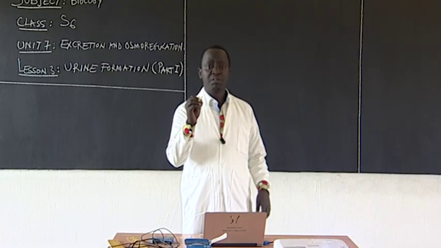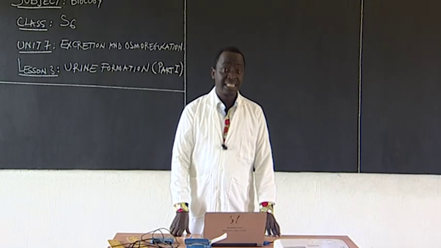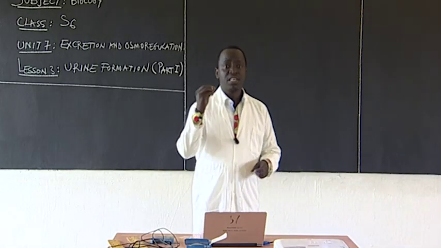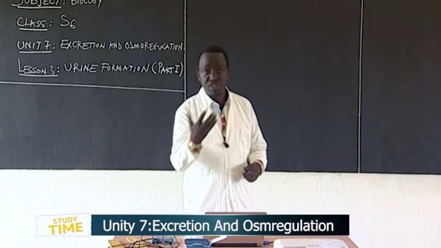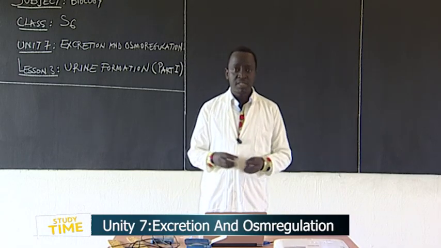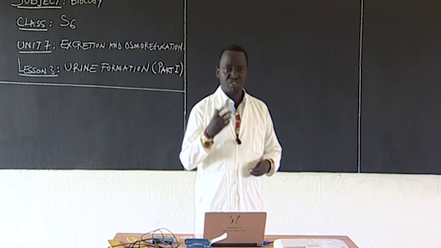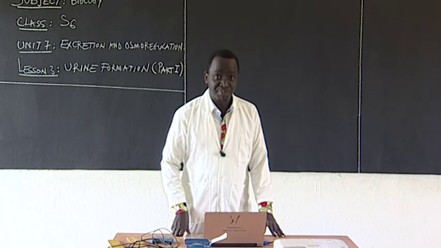Nephron is a structural and functional unit of a kidney. It means, as you have seen, the kidney is an organ involved in the filtration of the blood, but it has parts that deal with the function of excretion and osmoregulation. That part is what you call nephron.